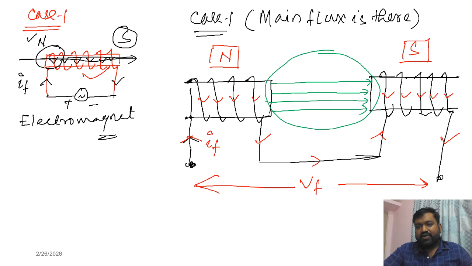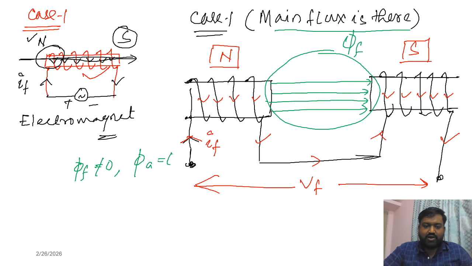And due to this field, what will happen? You can say that the field flux is developed. When the main flux is only there and there is no armature, then there is only field flux. Okay, and we can say in case number one, the field flux is not equal to 0, but your armature flux is equal to 0, because we only have the field winding, the same as in the generator case.